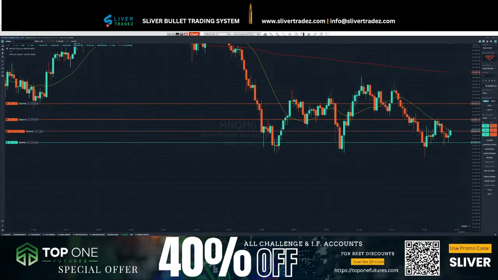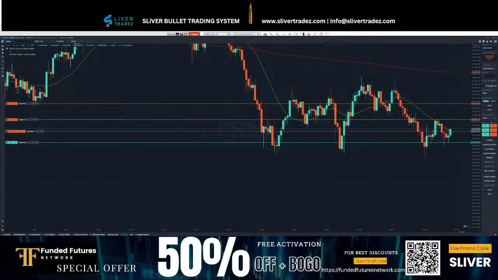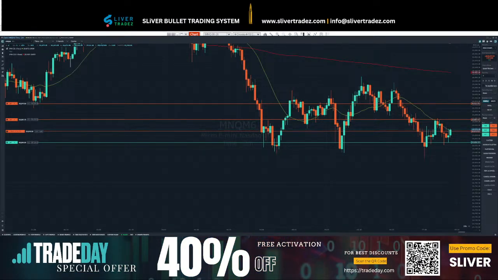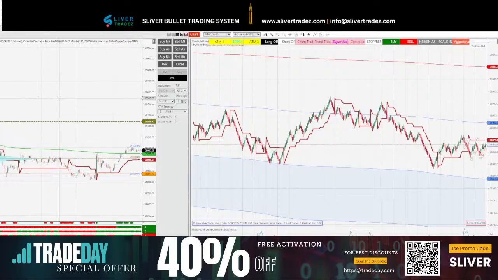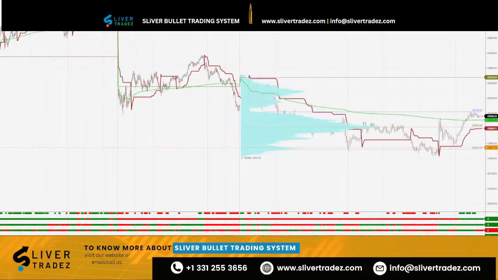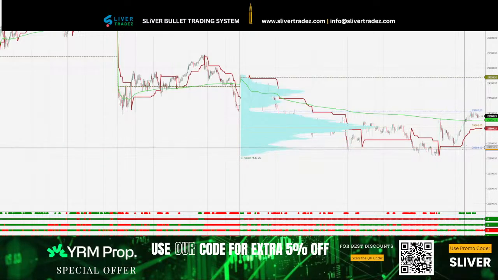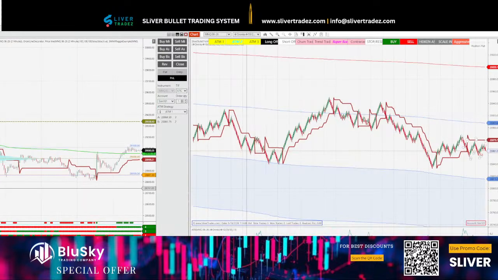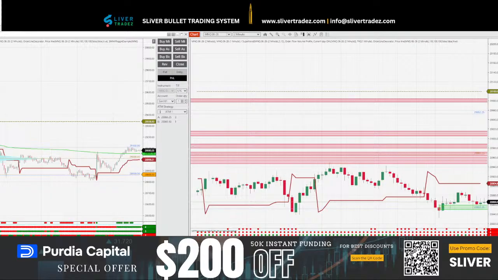Yes, it's below yesterday's close. So let me show you guys what I'm seeing here. Market is here, yesterday's close was here, and the ATR on the 1 minute chart is 14. Let me make sure that's the correct ATR I'm looking at. You know, it's at 13.6 on the 1 minute chart.